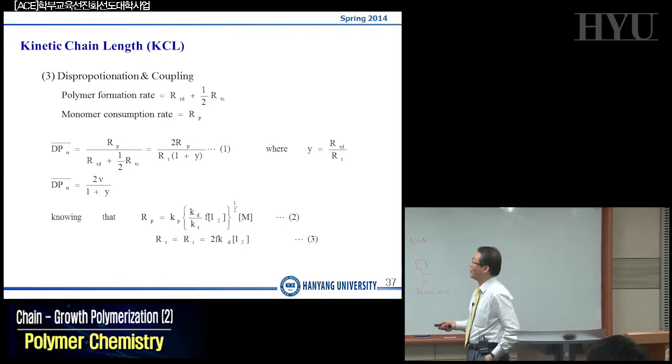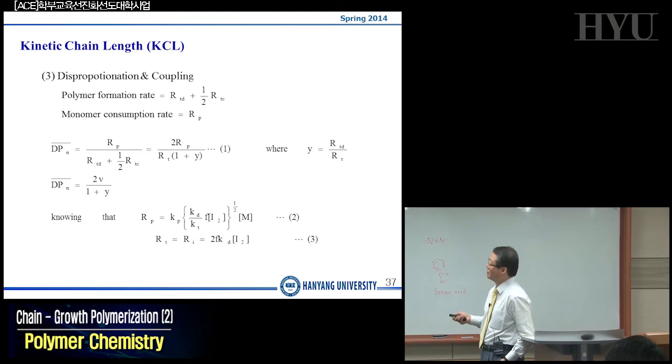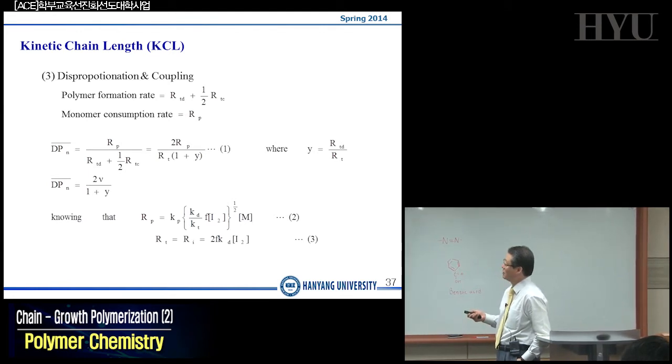Okay? Now, we knew that monomer consumption rate is Rp, and polymer formation rate or termination rate is Rtd plus half of this Rtc. Okay? So the degree of polymerization is determined by Rp divided by, I think we have already derived this, equation number 1, and Y is the fraction of disproportionation in your termination mode.